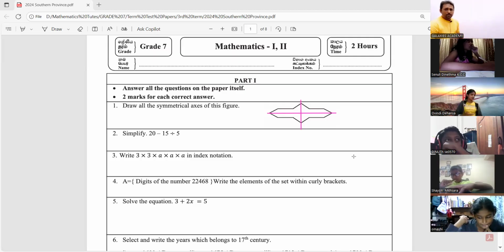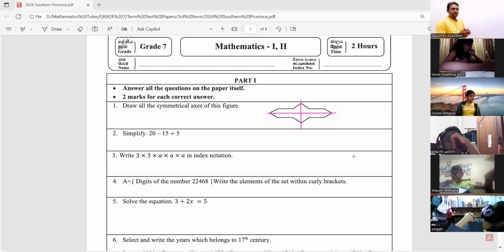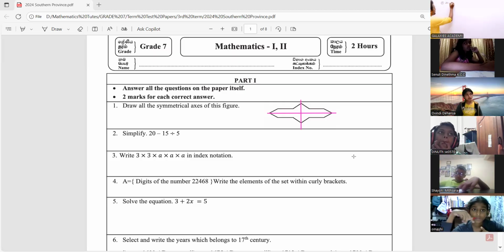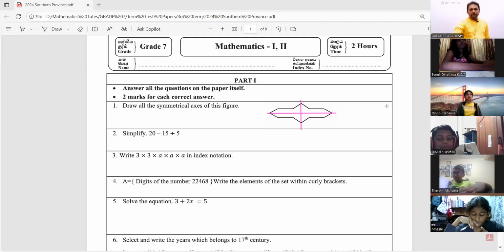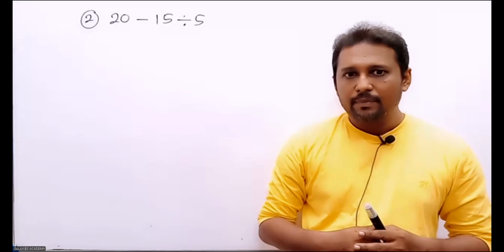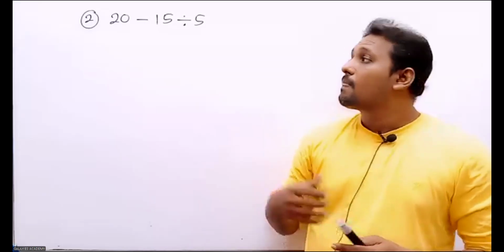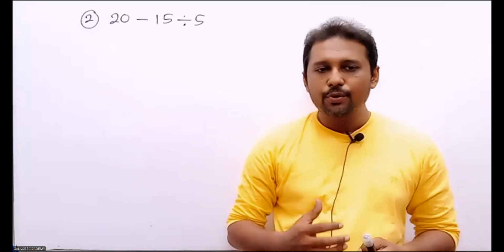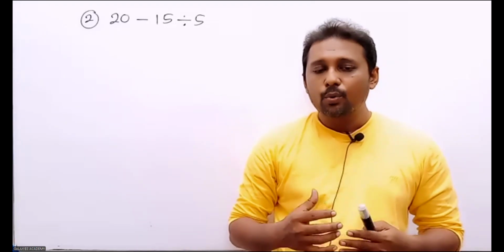Right. Then let's go to the second question of the paper. The second question is 20 subtract 15 divide 5. When I discussed this lesson, I told you that if a mathematical expression contains several mathematical operations, you have to follow a rule: the BODMAS rule.